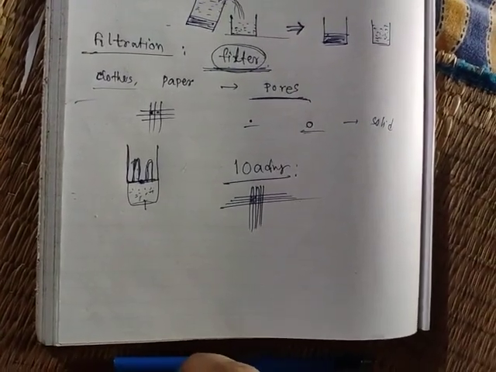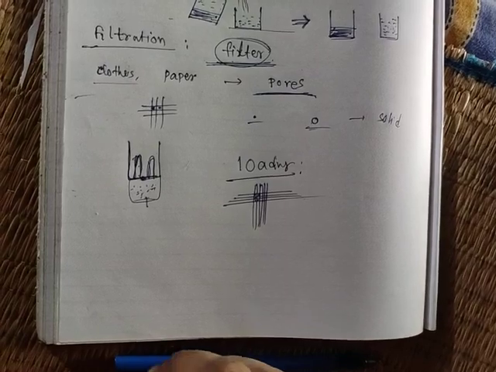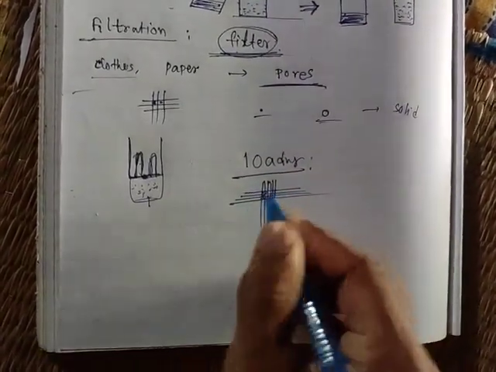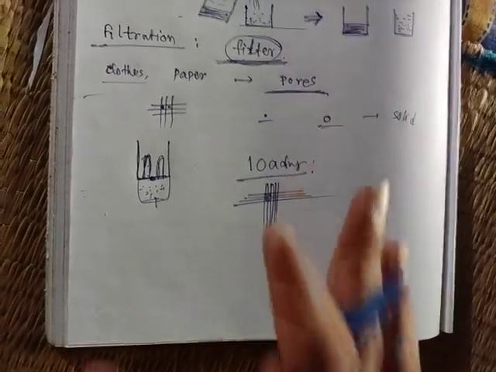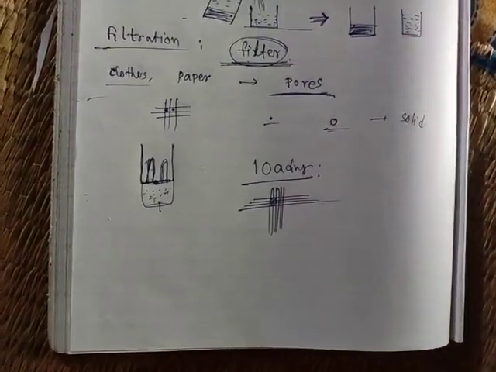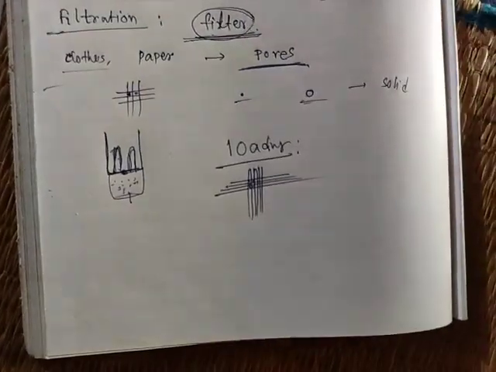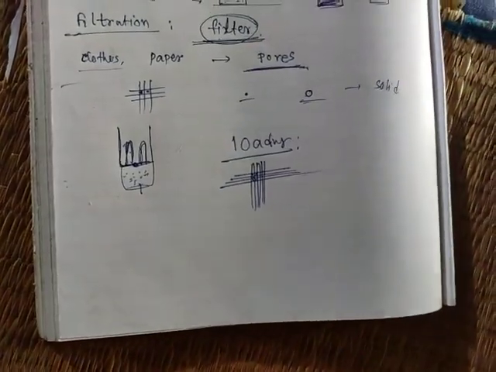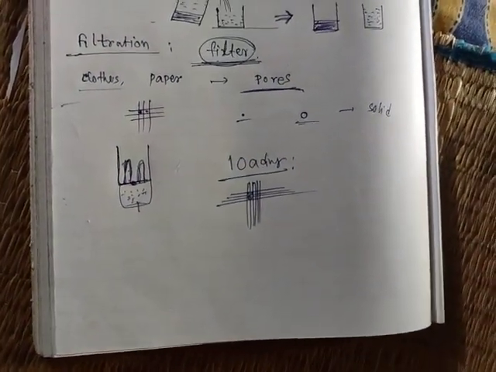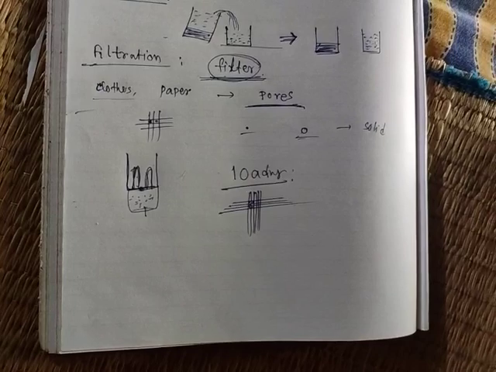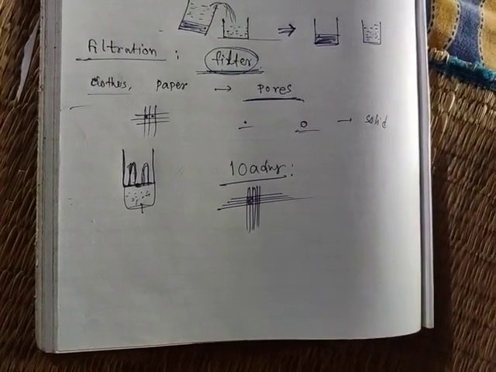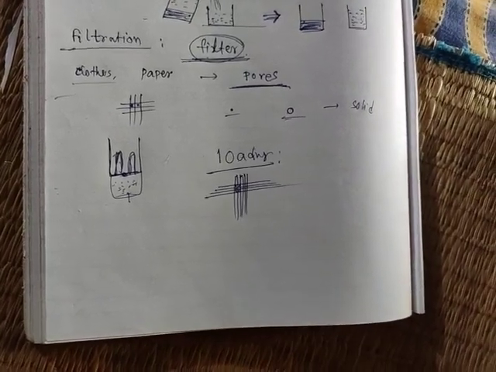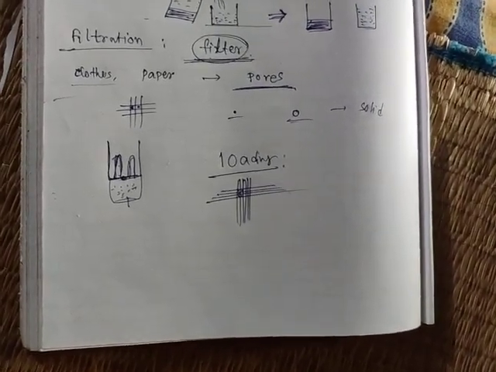Okay, so for this case we use the process of loading. That means loading is the process by which we can separate the insoluble solid from liquid when the sizes of the solid are very small or very teeny. So the suspended particles from a mixture can be separated quickly by the process called loading.